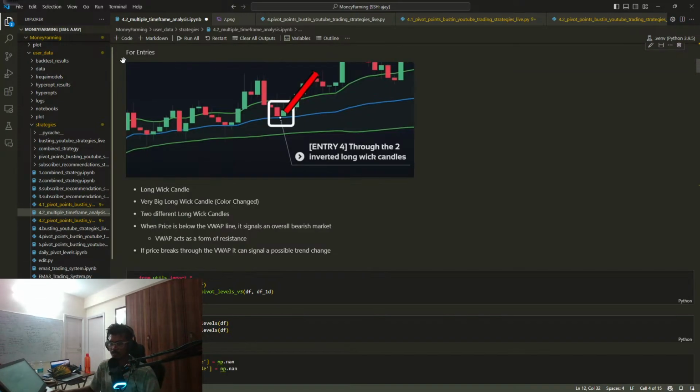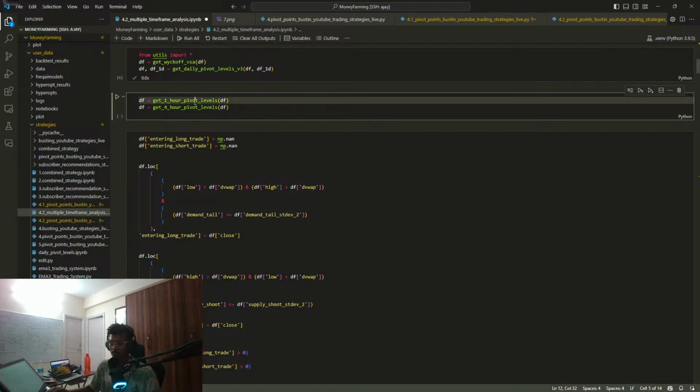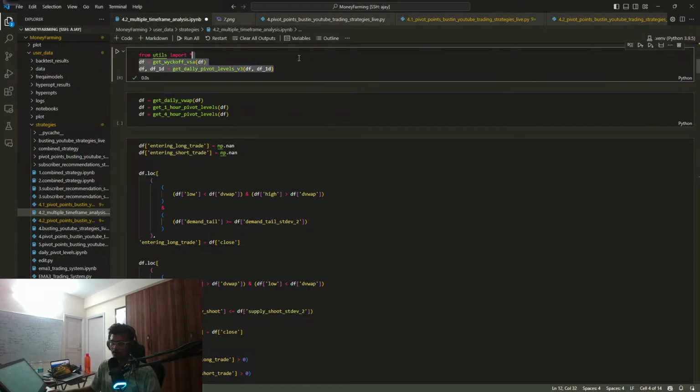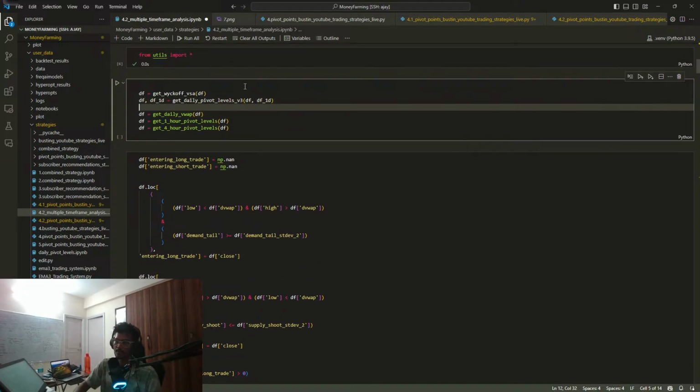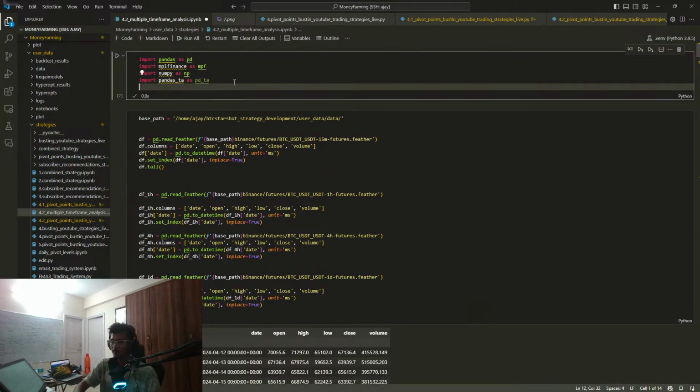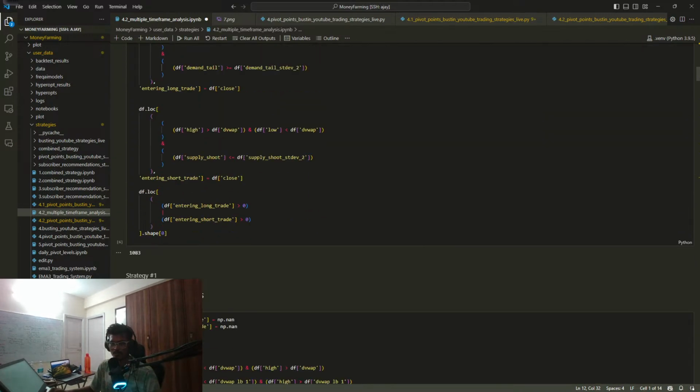Don't need that. Need that right now. Get the daily VWAP. All this stuff we can put it up there. Let me know if you have any question while I'm coding.